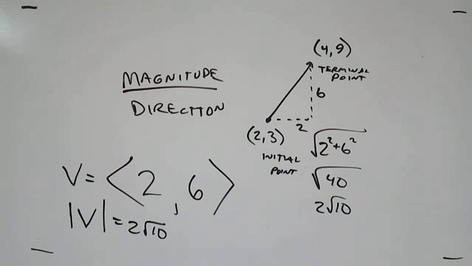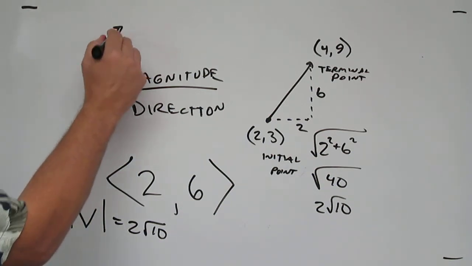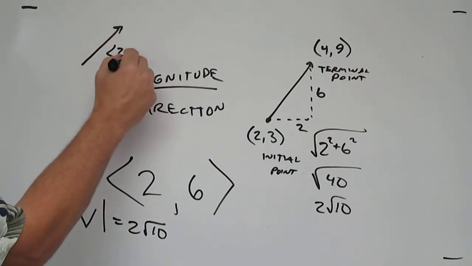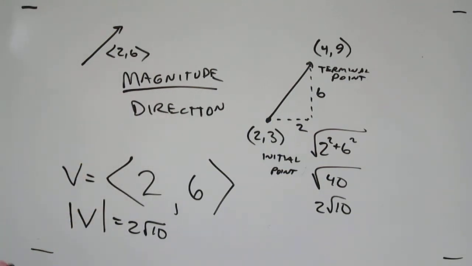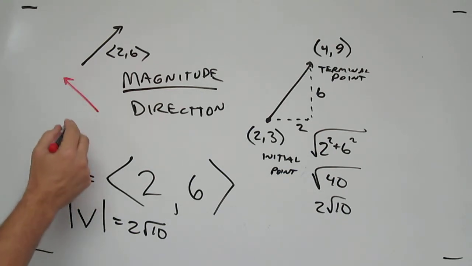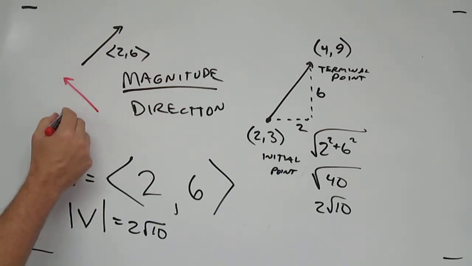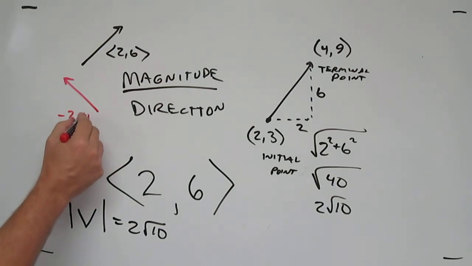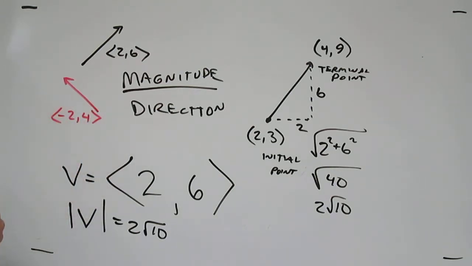Okay, if I'm adding vectors, I have something that's going up and to the right, so we say that vector is 2, 6. And then I have a separate vector that is going up and to the left. Let's say that one's negative 2, 4. I can add those vectors.